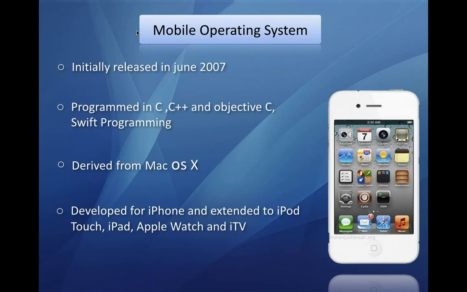But extra features like touch events are in iOS and not in Mac OS. I think in the near future they are going to implement touch into Mac OS as well. That is my expectation from Apple. So this can be extended to iPhone, iPod Touch, iPad, Watch, and Apple TV.